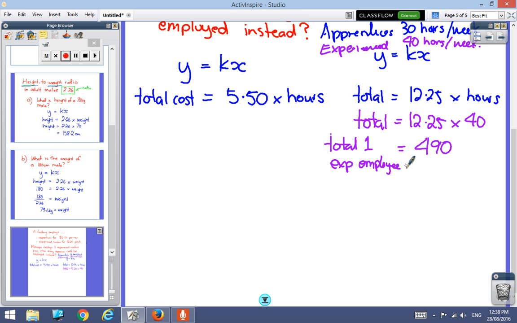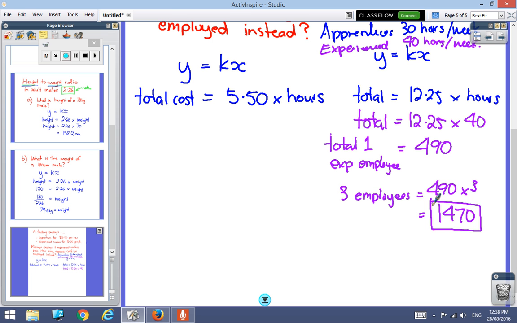For 3 employees, it's 490 times 3, which equals 1470. So $1,470 is how much, I suppose, this company can afford to spend on wages.